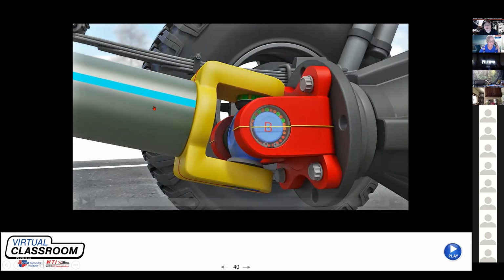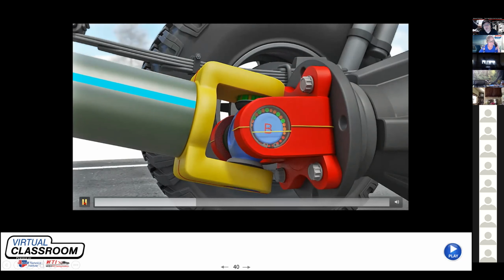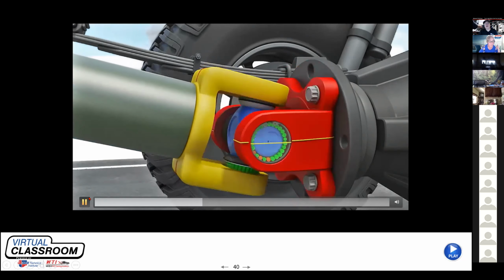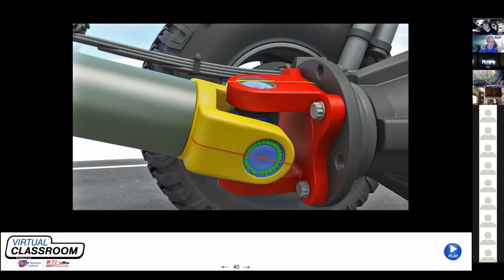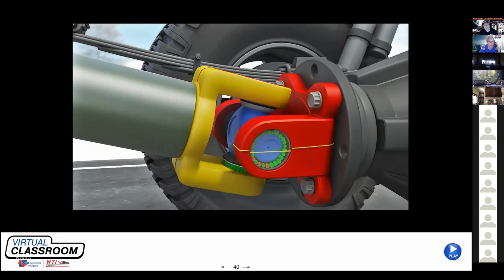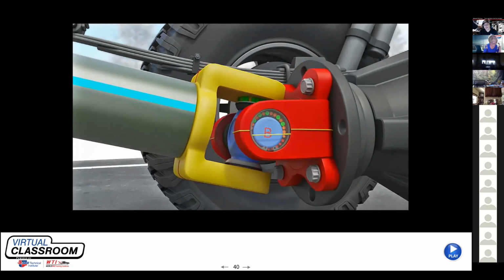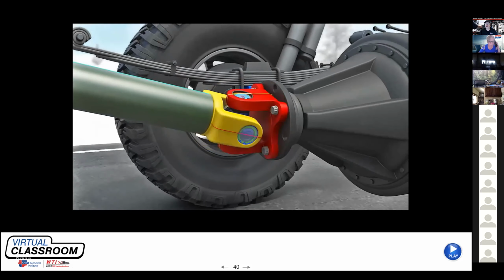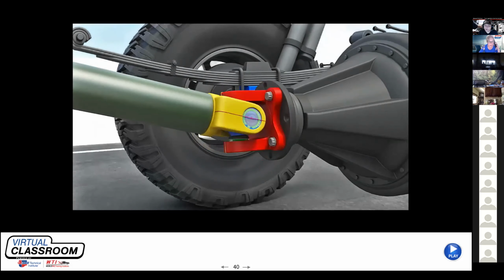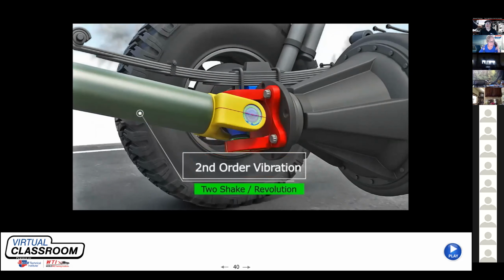A bad U-joint will shake twice per revolution. So if I drove this and I had 2 shakes per revolution, it can't be a balance issue. You can balance the driveline all you want. A bent driveline can't cause it either. It's going to be a U-joint. And if another part of the U-joint goes bad, it skips the third order vibration and goes straight to 4.